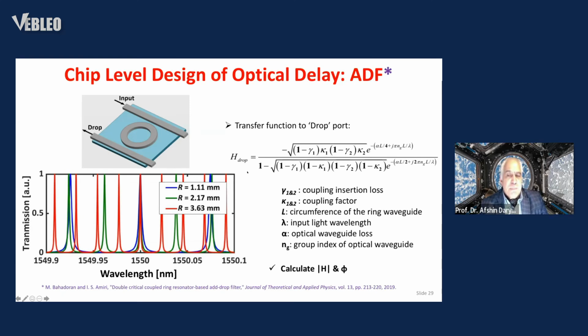Analytically, you can show that by a transfer function and look at the delay in terms of the insertion phase, and in particular, the derivative of phase with respect to frequency. And you need to also recognize that you need to have the free spectral range controlled to match up with the modes of the multi-mode laser.